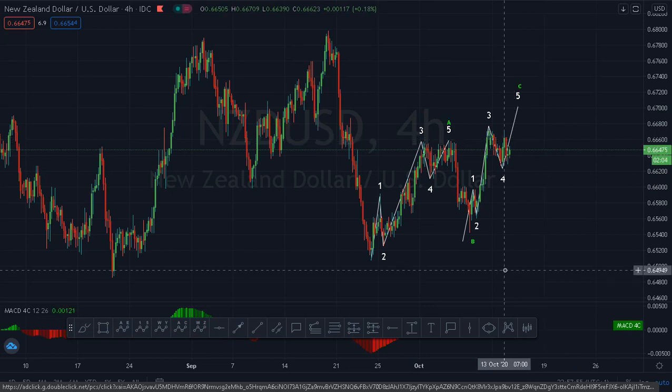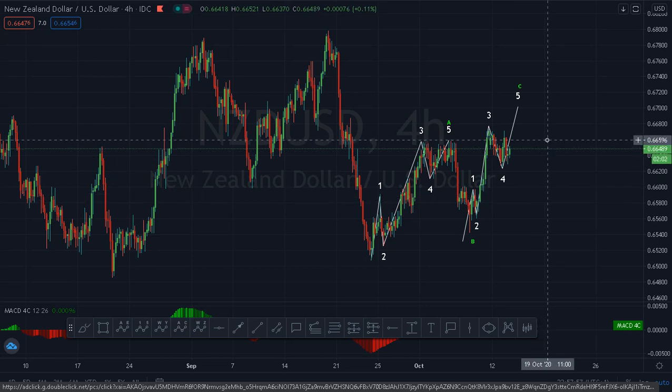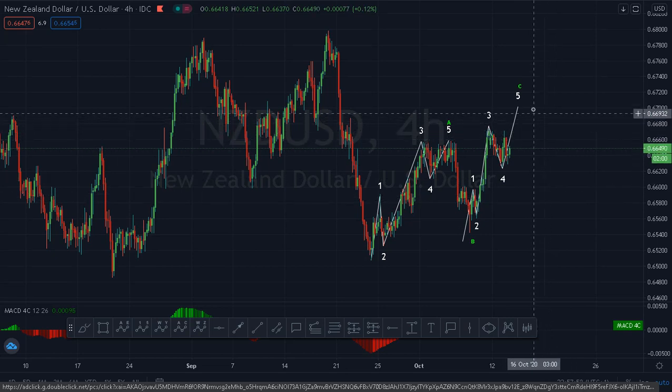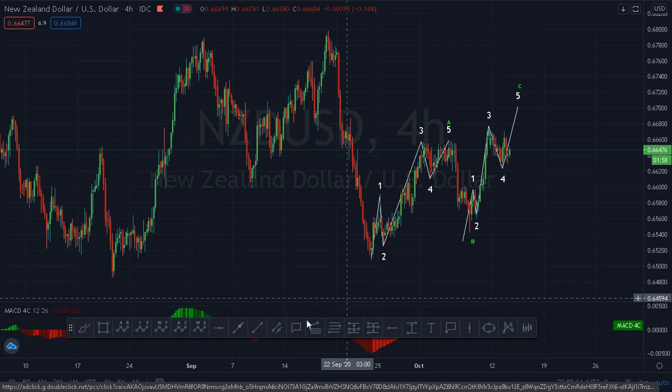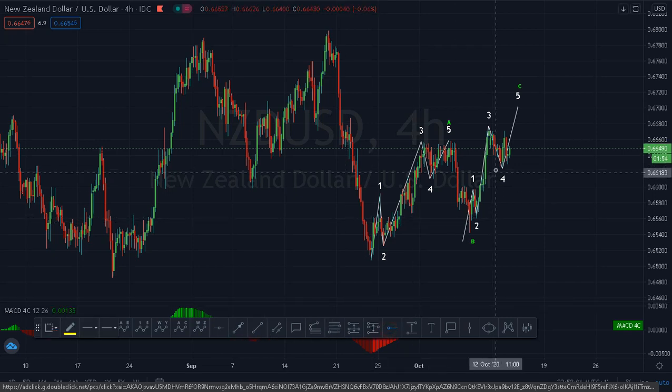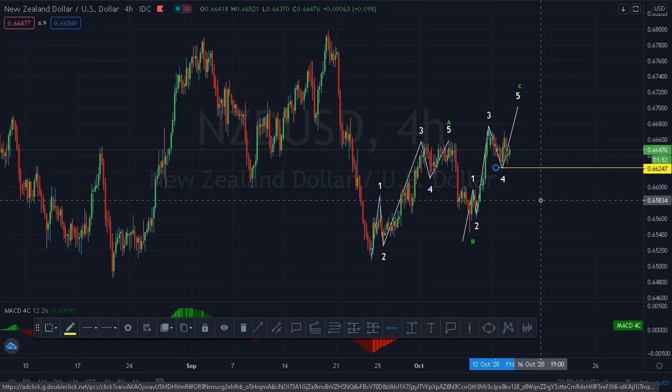But if the price lacks the strength to make the 5 waves and closes below this area, just like what happened on USD, GBP, and what happened in today's pace, many of them, now I will show you something on gold.